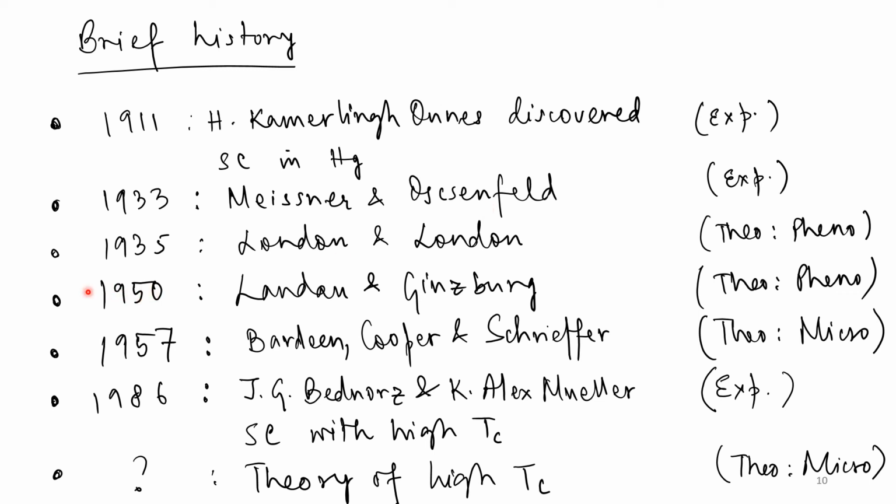Thereafter, in 1950, on the Russian side, the Soviet side, as it was called then, Landau and Ginzburg came up with another phenomenological theory, which is now called the Landau-Ginzburg theory, an eponymous theory, which essentially was one step more than what London and London did.